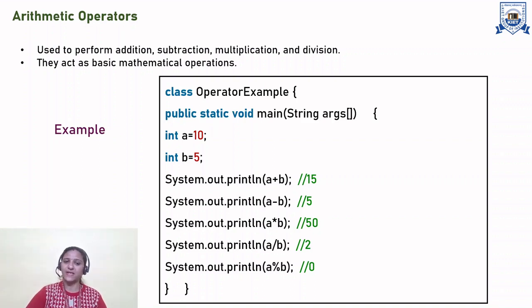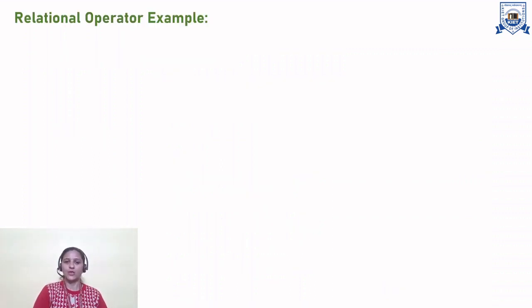When 10 gets divided by 5, the remainder will be 0. This will be the output.